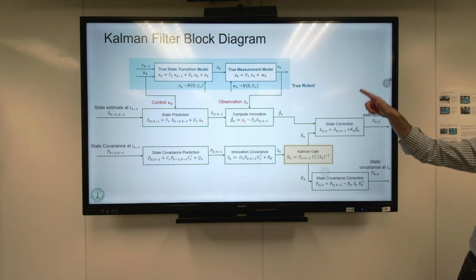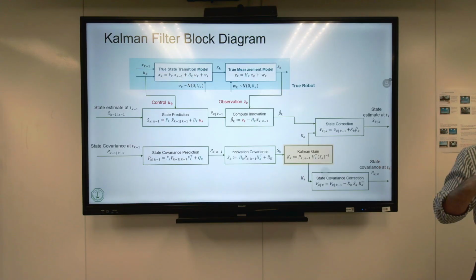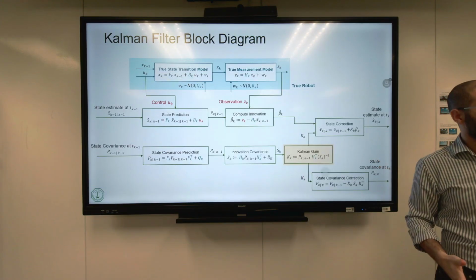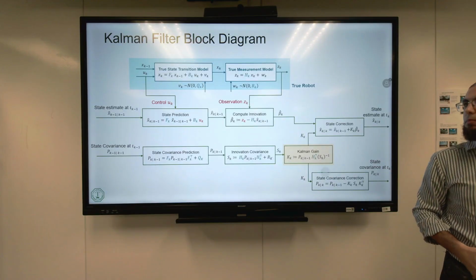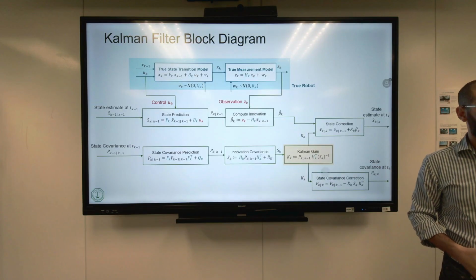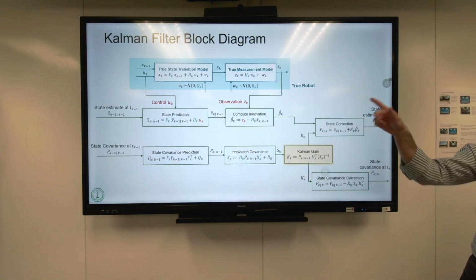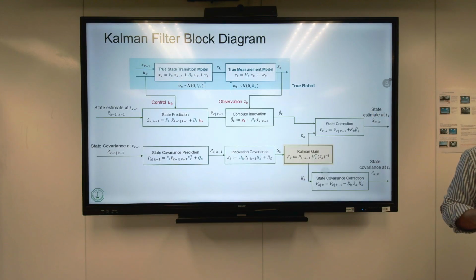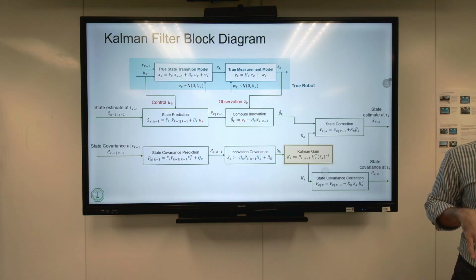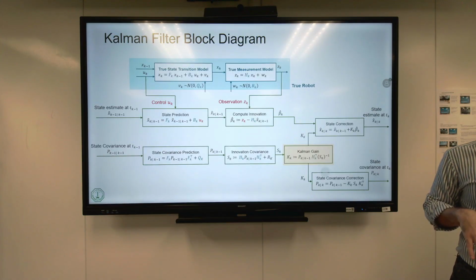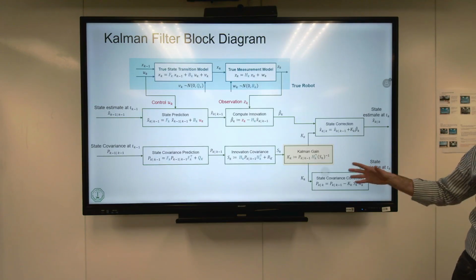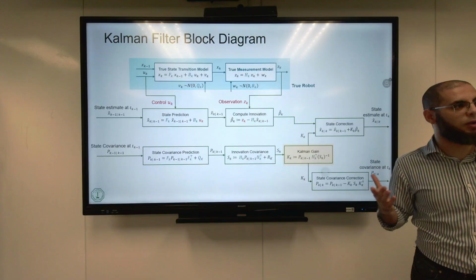Which block of all of these steps takes the most time on the computer? I think the lower one. Which one? It's only one block out of all of these. Could be the Kalman gain. Why? The answer is correct, it is the Kalman gain that's the most complicated, but why?